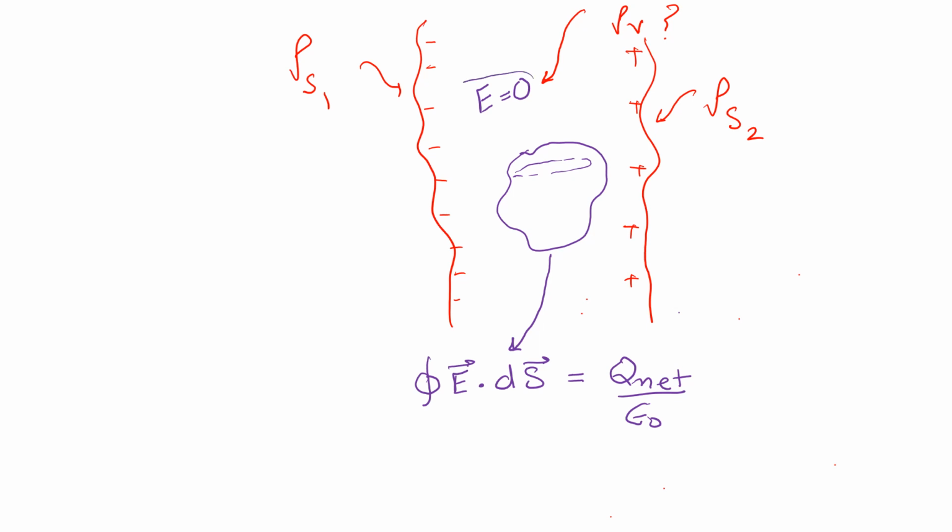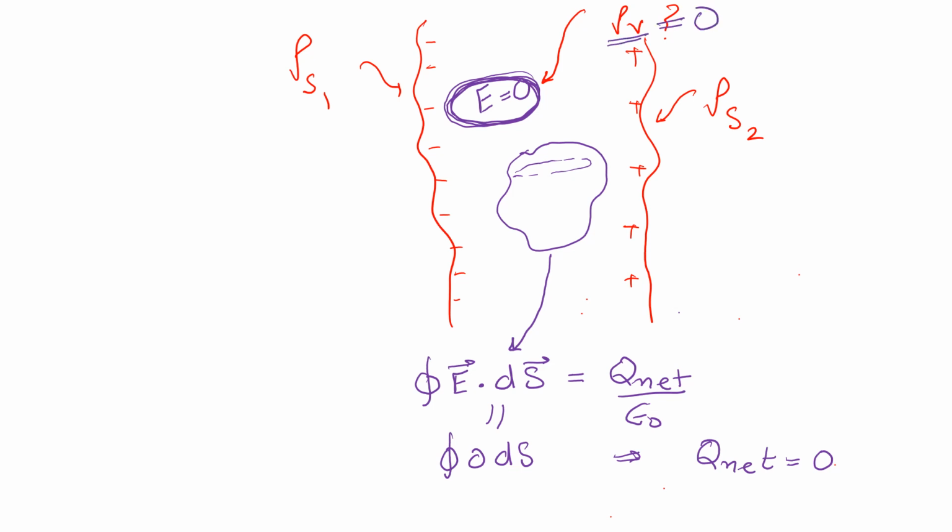But we have already concluded that the electric field inside the conductor is zero. So this integral is simply an integral of zero. You are summing these zeros up many, many times, and all you are getting is Q net is equal to zero. There cannot be any volume charge. That is your rule 4.